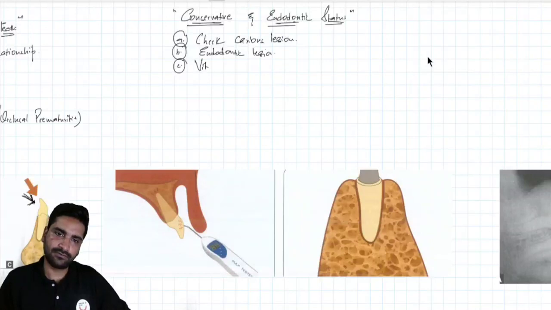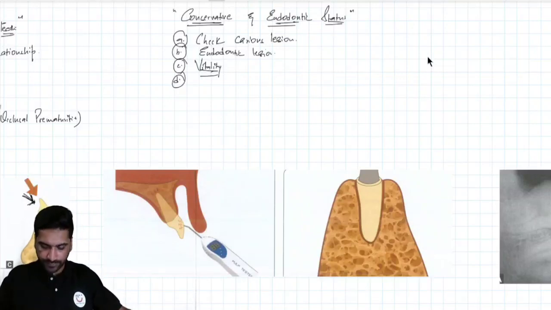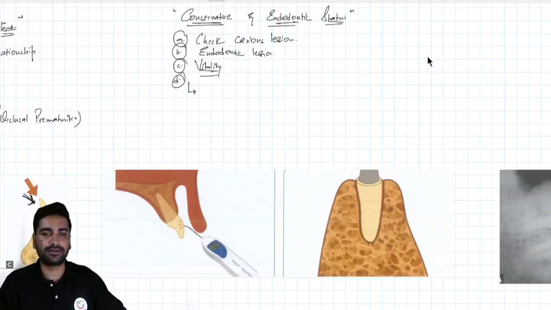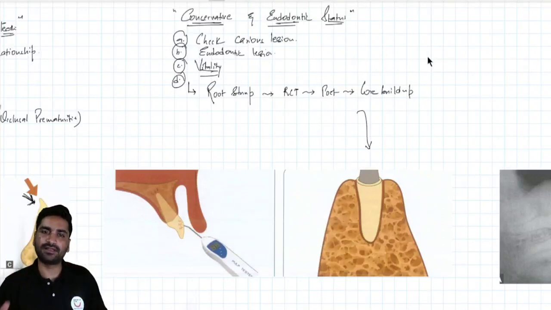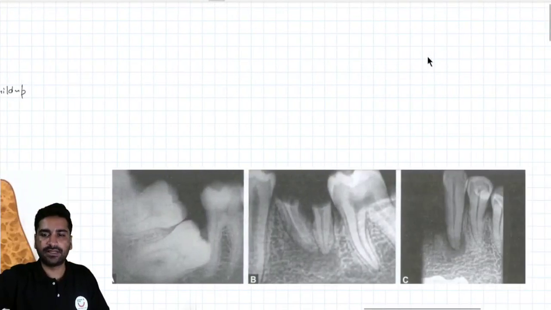Check for vitality of the teeth with a pulp tester, okay? Moreover, any fractures or chipping off of the crown should be corrected, right? And if you come across a decayed tooth or a root stump, in those cases you can go with RCT, then post, and then core buildup, right? That is what is shown over here. So if you can build the tooth with post and core buildup, you can use it as an abutment also. This much about the conservative and endodontic management.